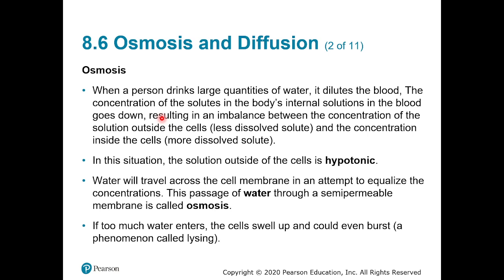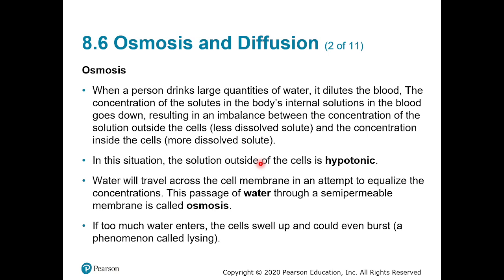This is why Gatorade and stuff like that has been developed. Okay? And so, concentration of your salts goes down in your blood. This is going to result in an imbalance between the concentrations of the solution outside of the cell, i.e., they have less dissolved solute in the outside environment of the cell. The concentration inside the cell is then going to have more dissolved solute.